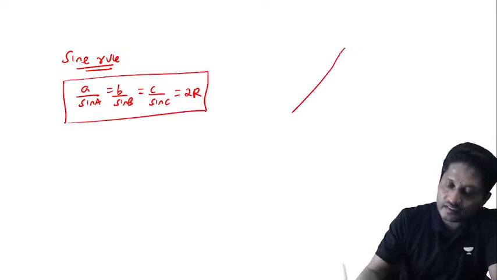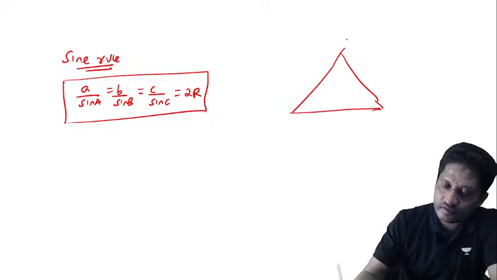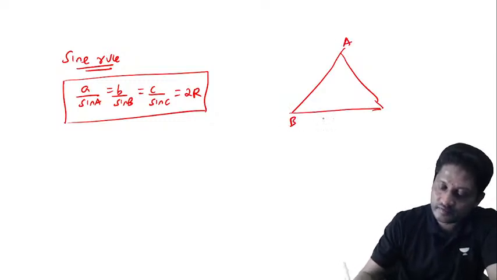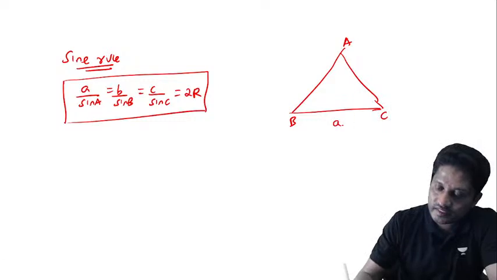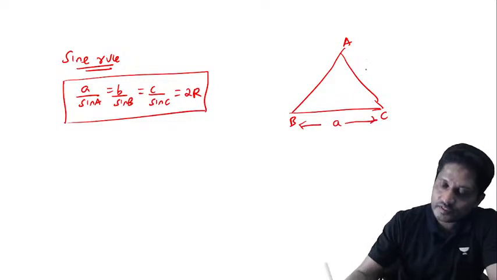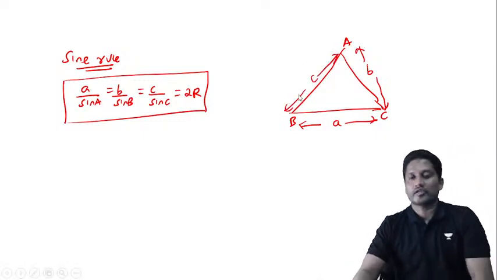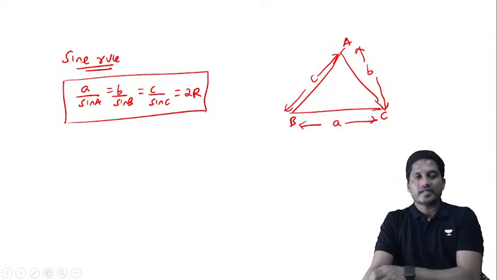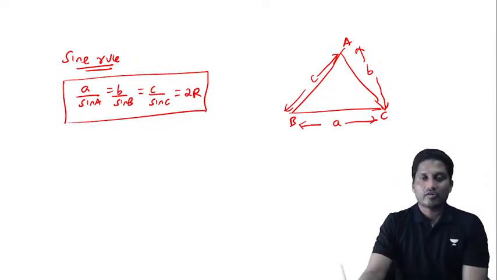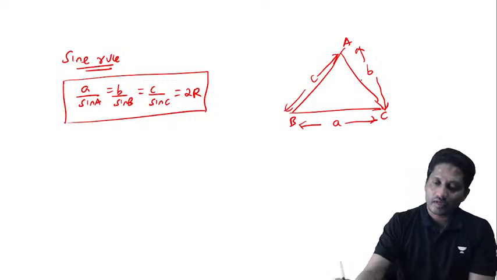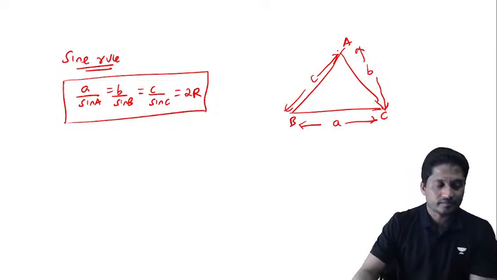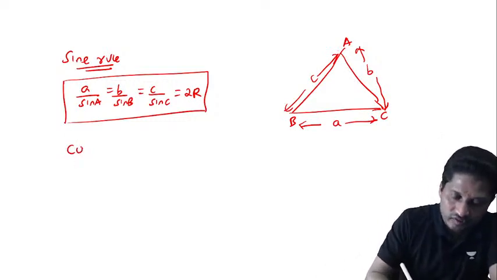So if you take a triangle, suppose this is A, this is B, this is C. Opposite to angle A is side A, opposite to angle B is side B, and opposite to angle C is side C. Sides are proportional to the sine of their opposite angles. A by sin A is equal to B by sin B is equal to C by sin C is equal to 2R. So R is the circumradius. Alright, the cosine rule, just now I gave you the formula.